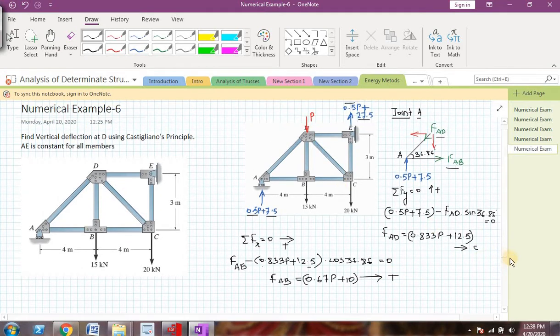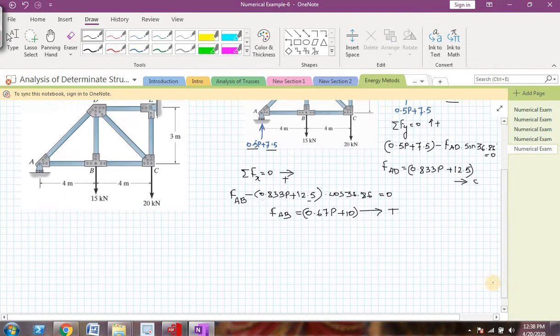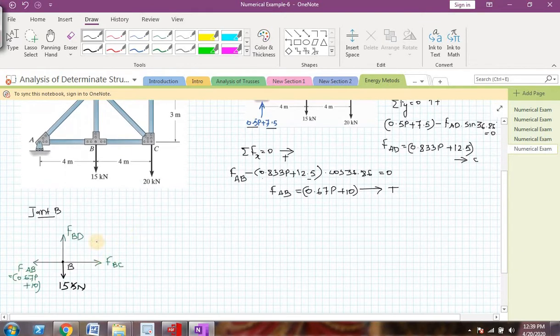Now similarly, let me go to joint B and draw the free body diagram. Okay, this is a free body diagram of joint B, and you can see that at joint B we have a real load of 15 kilonewton. Force in the member AB is tension of 0.67P plus 10, and I'm assuming a force in the member BD as also tension and force in the member BC also as tension. Now by inspection itself, without even applying the equilibrium equations, I can say that FBC is equal to 0.67P plus 10 and FBD is equal to 15.